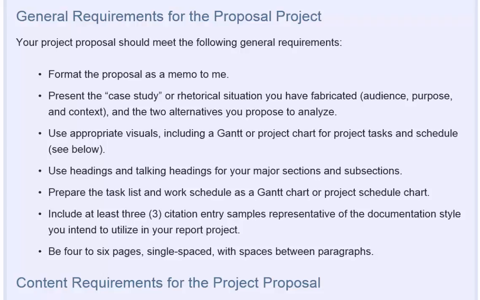You should also, of course, use headings, subheadings, and include at least 3 citations for potential resources that you might use in your recommendation report, and format them according to the appropriate citation style. This proposal should be 4 to 6 pages in length.